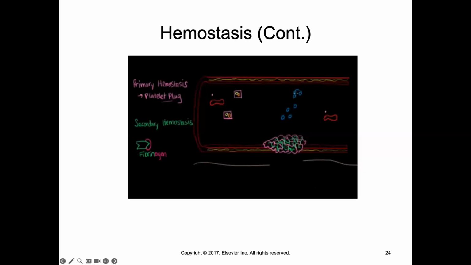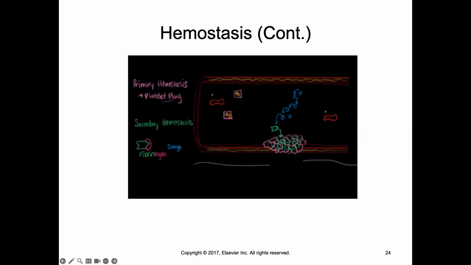And once one gets activated, it will activate another, and activate another, and activate another. And then ultimately, that extra protein on fibrinogen will get cut off, and that will allow fibrin to link up on the platelet plug and make it stronger. This sequence of activation of coagulation factors is what we call the coagulation cascade.